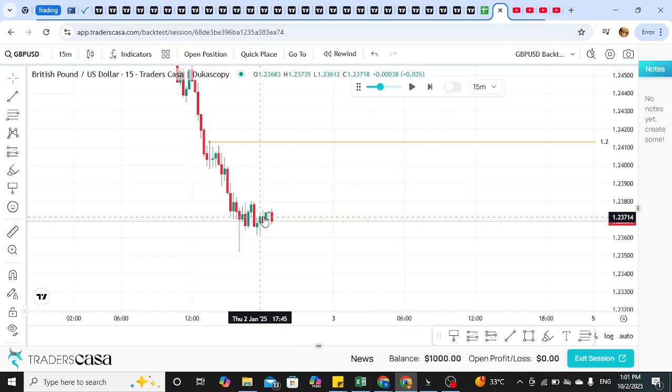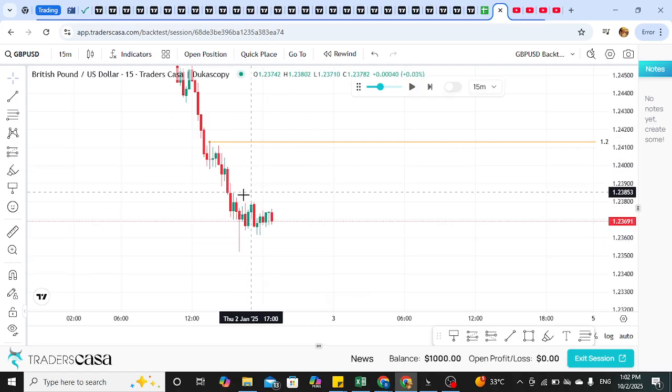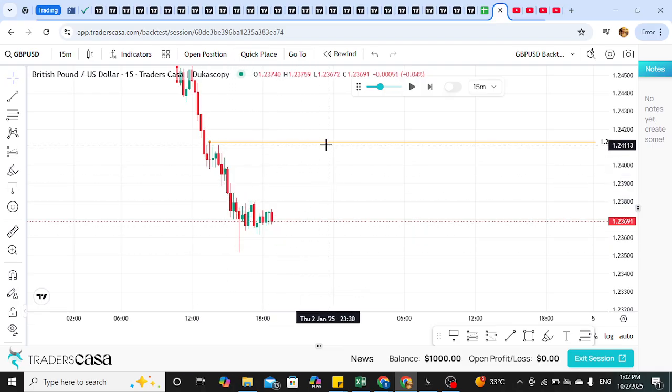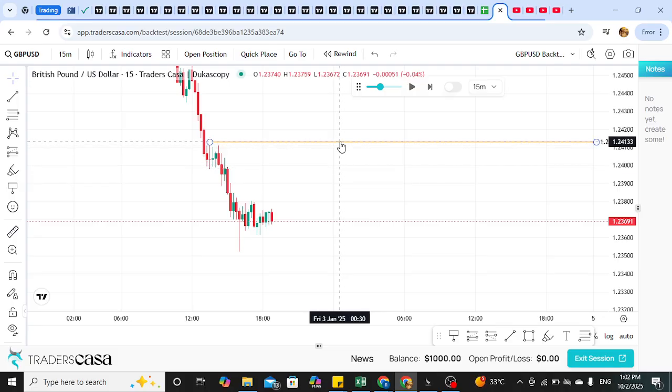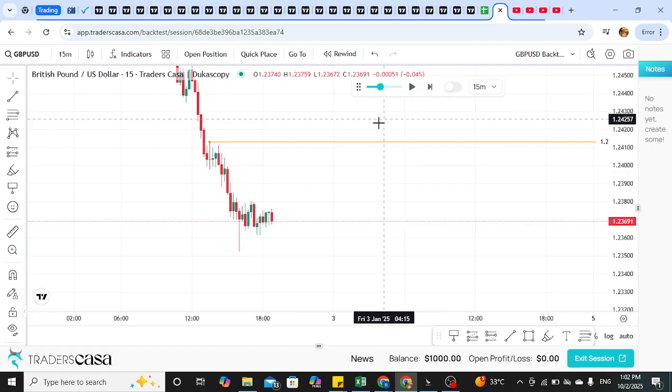I'm looking at whether there is a way to identify that we are going up, instead of just waiting for it to hit. Do I have an indication that it might go up and hit it, so that I can make use of this range and take a trade on it?